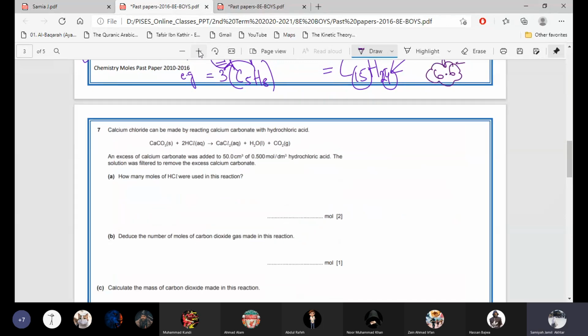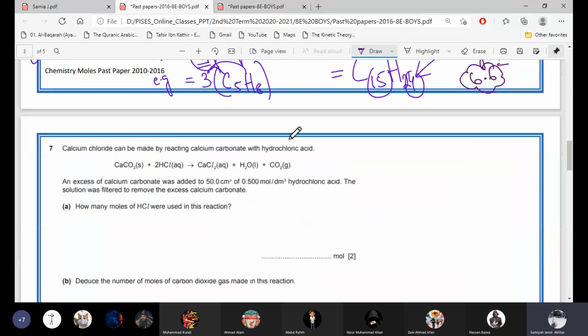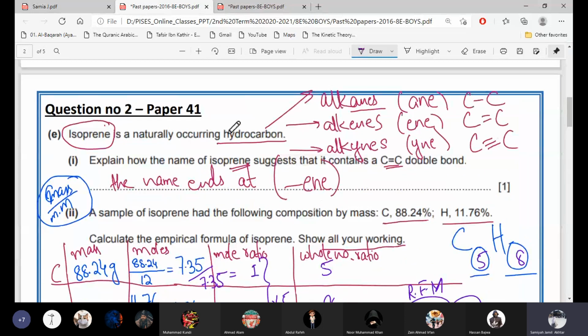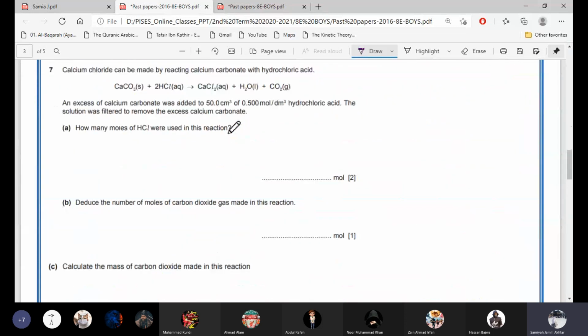See this question, the next one, from the same paper, paper 41. There are two questions in this paper. Calcium chloride can be made by reacting calcium carbonate with hydrochloric acid.